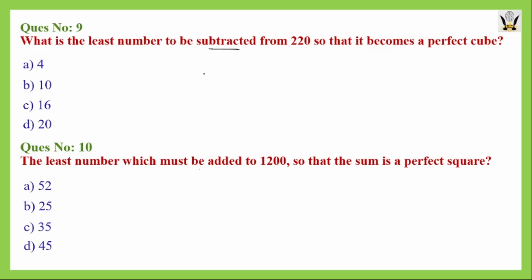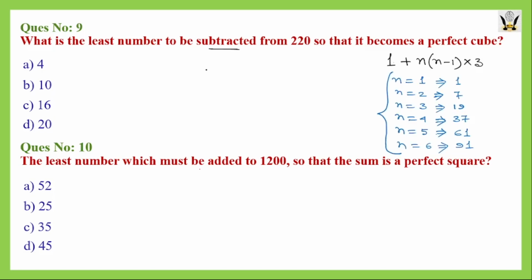Since this is a question of a perfect cube, in the successive subtraction method we follow this formula, where if we put n equal to 1 and then other successive numbers, we get 1, 7, 19, 37 and so on.